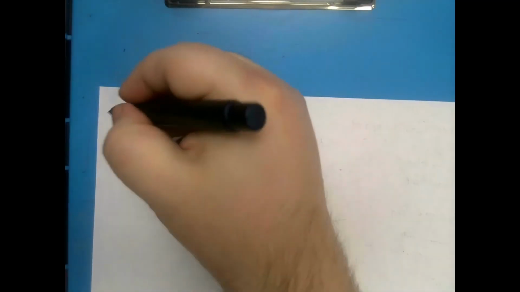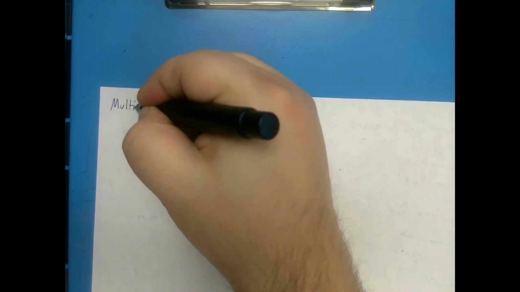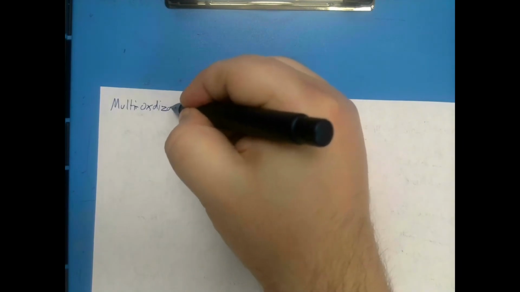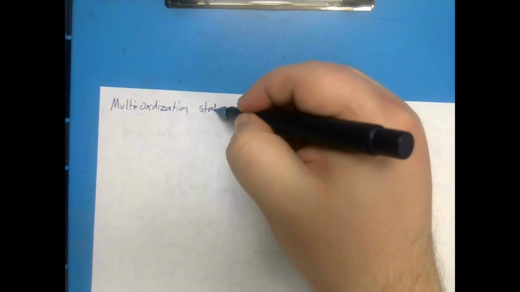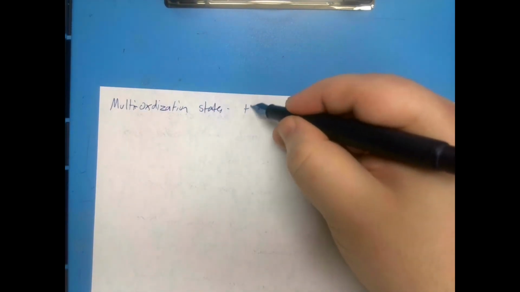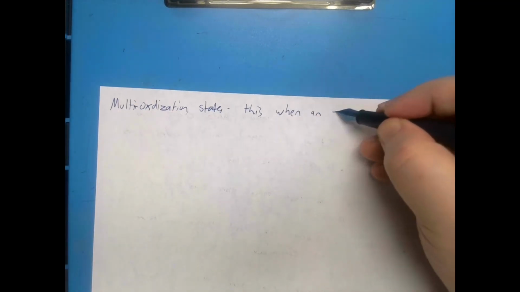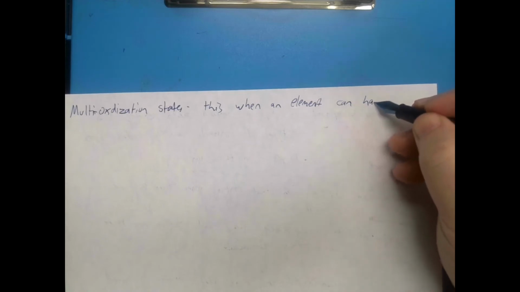We have something called multi-oxidation state ones. So multi-oxidation states, this is when an element can have more than one charge.